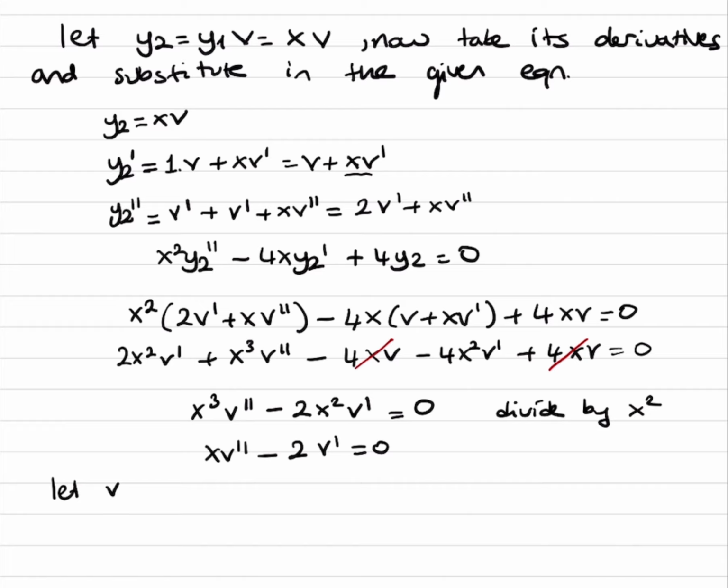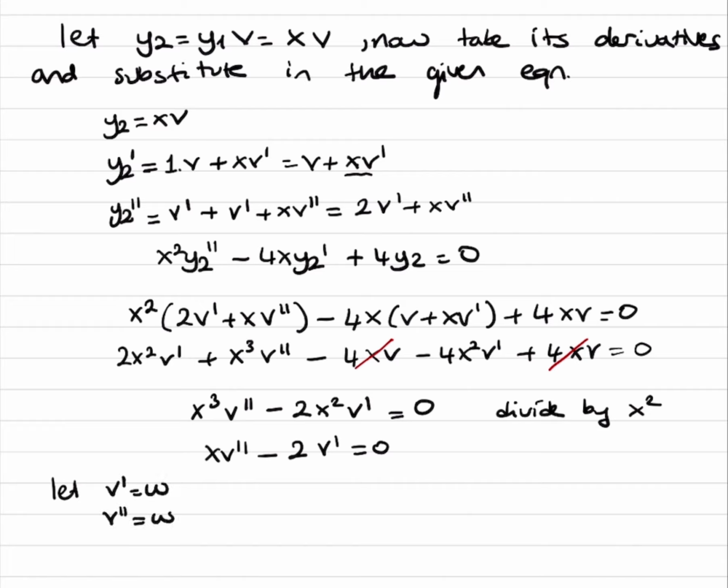Now we will let v prime is equal to w and v double prime is equal to w prime, so that we will have a separable differential equation, right? So this is separable because we know that this v prime is equal to dw over dx minus 2w is equal to 0.